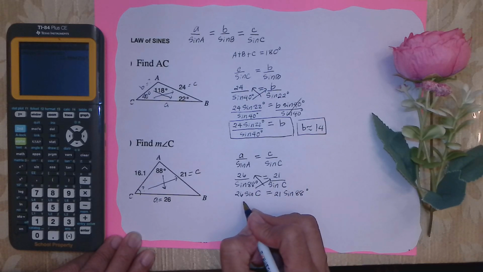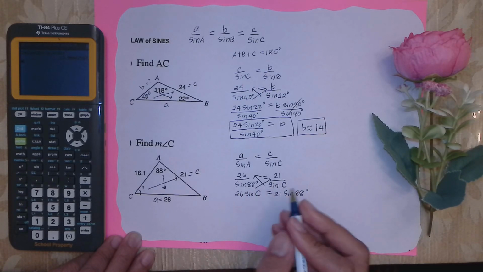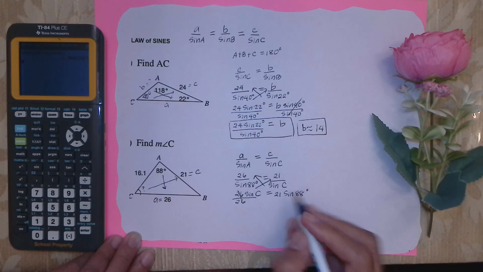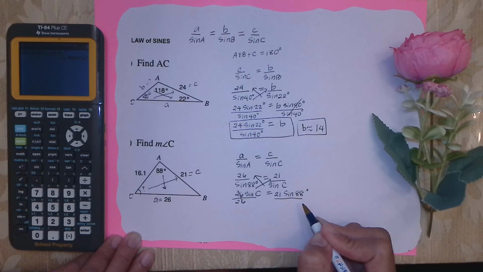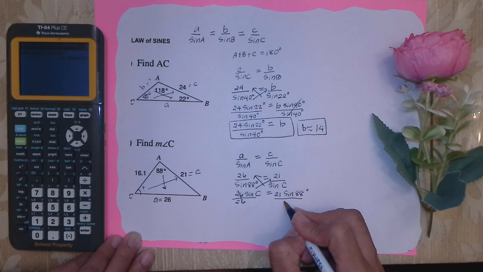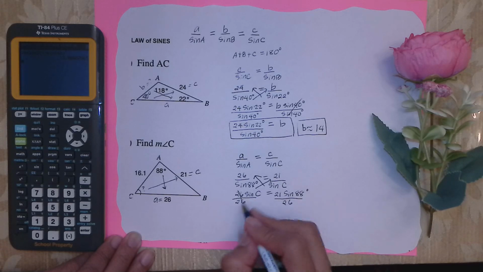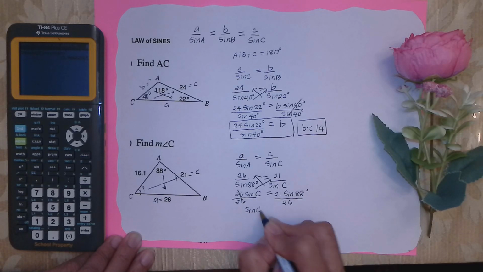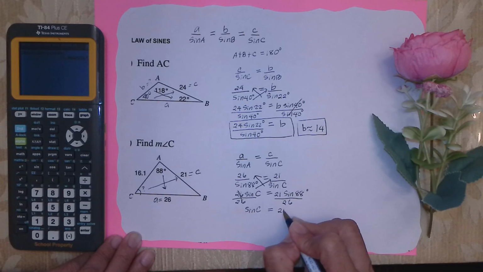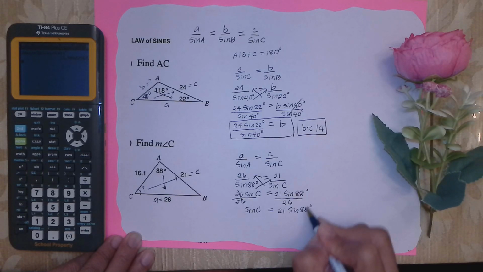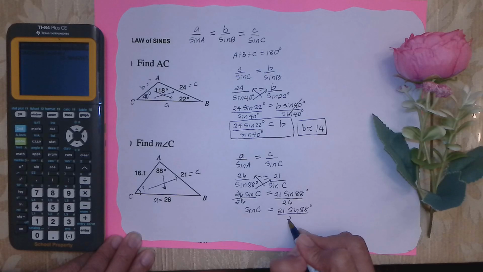Because this is 26 times sine C, in order to let the sine C by itself, we have to divide by 26. Whatever you do on one side, you have to do also on the other side. Now we end up with sine C is equal to 21 sine 88 degrees over 26.